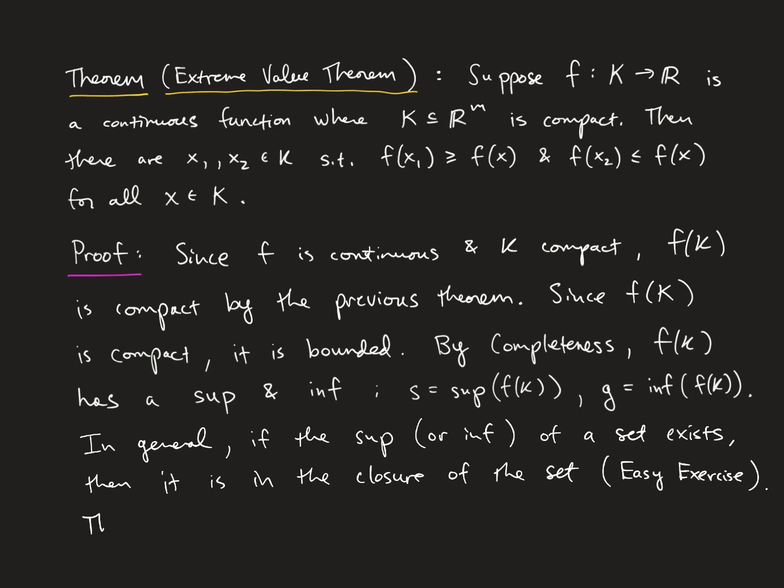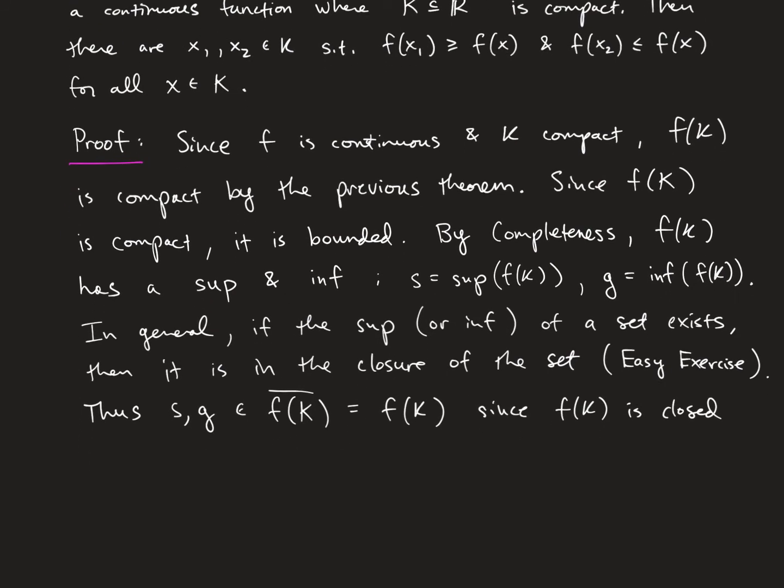So thus, S and G are in the closure of f of k, but that is equal to f of k, since f of k is already closed. All right, so this follows from our characterization of compactness as being closed and bounded.